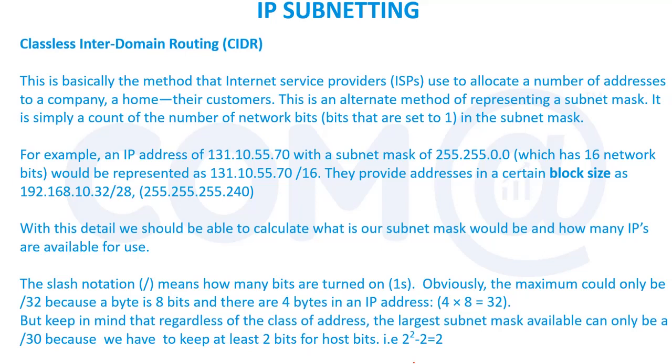Here everything will be notated as a slash notation. For example, we have a class C IP address 192.168.1.1, and the subnet mask is 255.255.255.0. So it is a class C address.